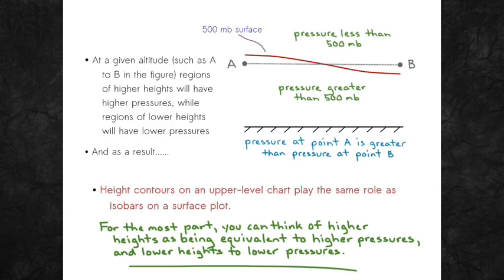So when we're looking at an upper level chart, places where we have higher heights of the surface translate into higher pressures, places that have lower heights translate into lower pressures. It's kind of the same information that we are getting on our sea level pressure map.